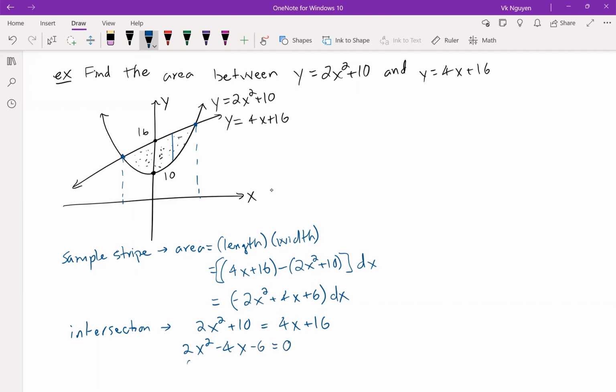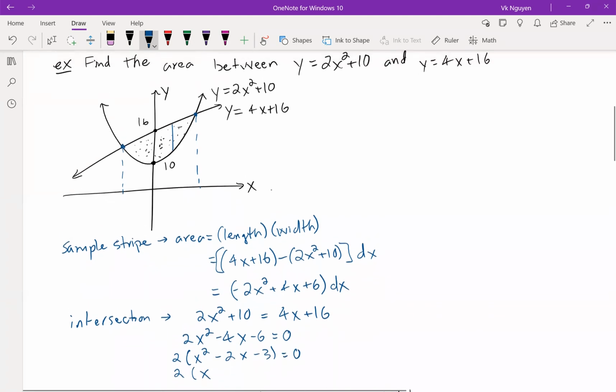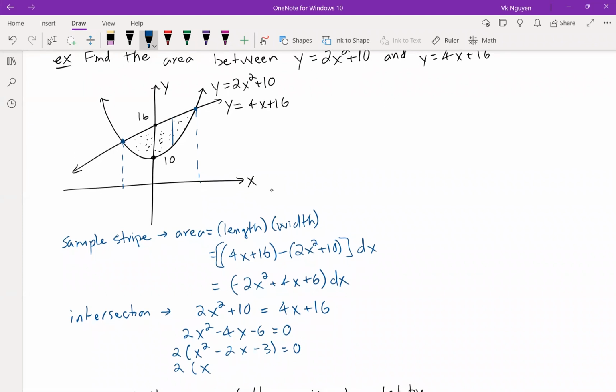Then we can factor this out to be 2 times (x squared minus 2x minus 3) equals 0. 2 times (x minus 3)(x plus 1) equals 0. So the two intersection points are x equals -1 and x equals 3.